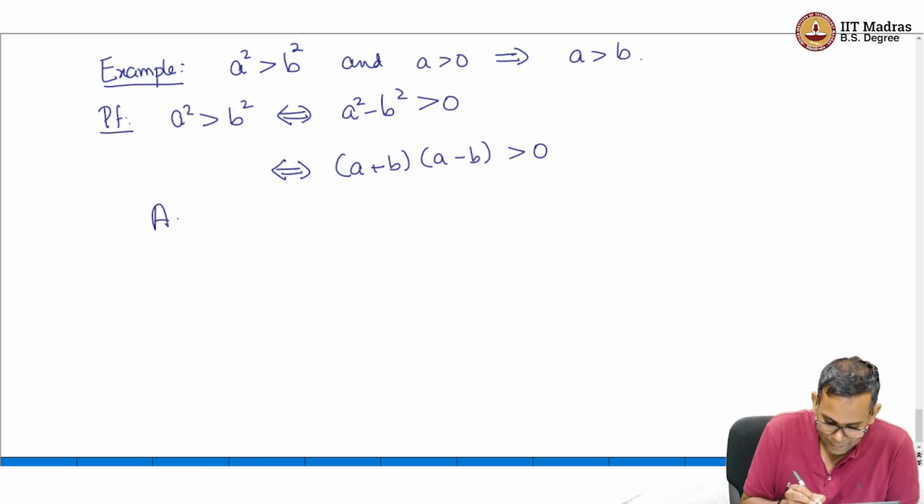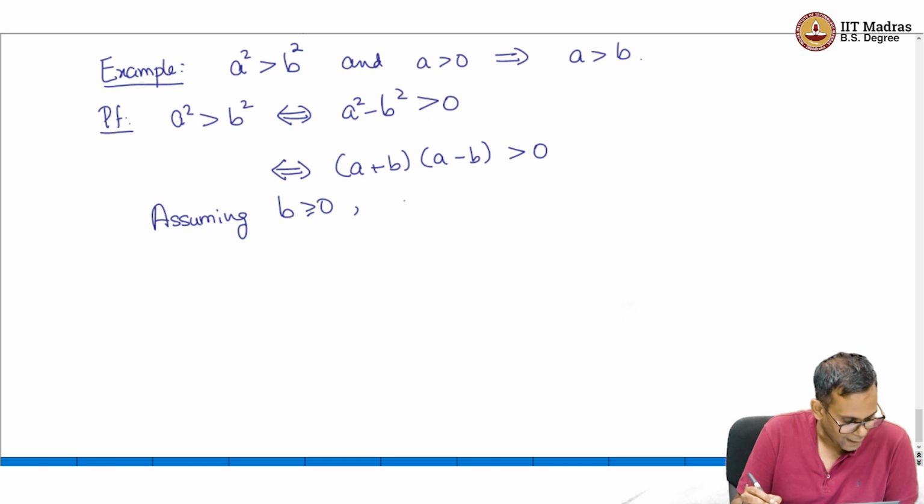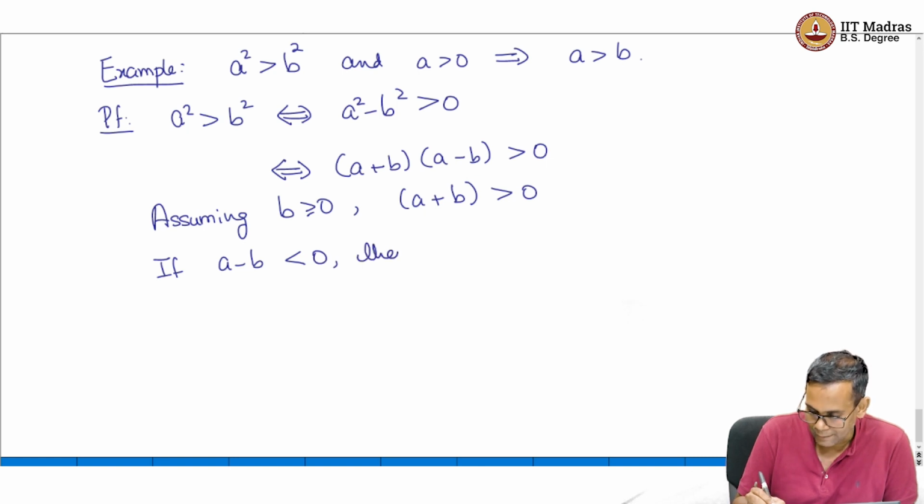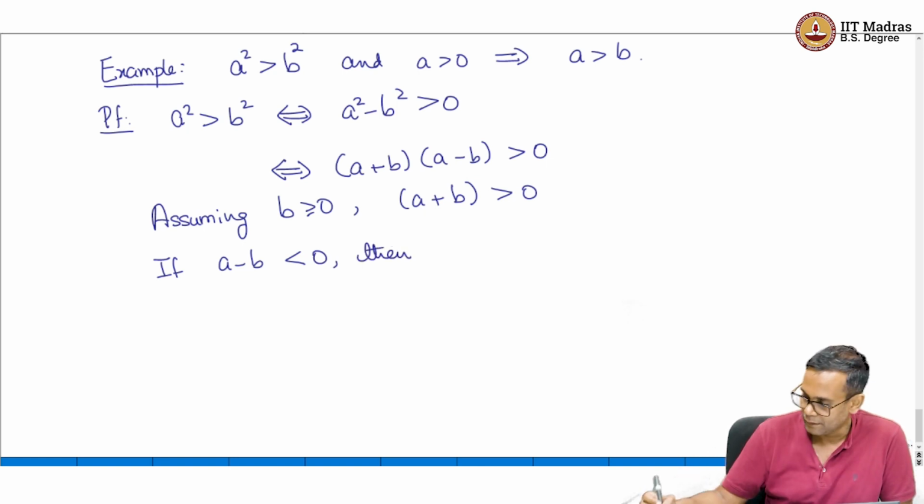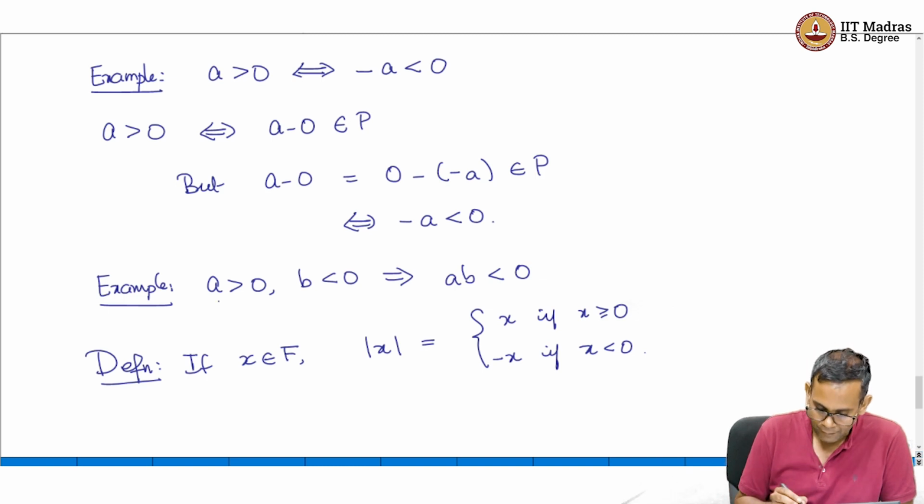So, assuming that b is greater than or equal to 0, we have a greater than 0, b greater than or equal to 0. This implies that a plus b is greater than 0. So, if a minus b is less than 0, then by what we did earlier, in this example here, we would have that a plus b is positive, a minus b is negative.